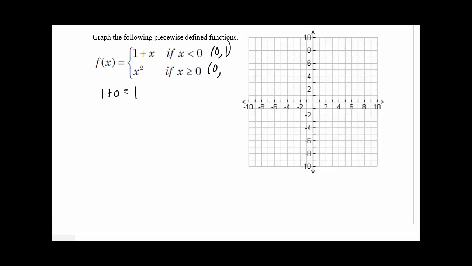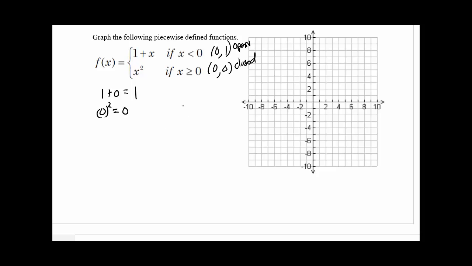So I get 0, 1. And here I get 0 squared, which is 0. Then I'm going to look at the symbols. That one says less than, so that's open. So it's not included in the picture, but it is an ordered pair in the picture, but we don't put a closed point on it. And the other symbol says greater than or equal to, so I want to put a closed point there.